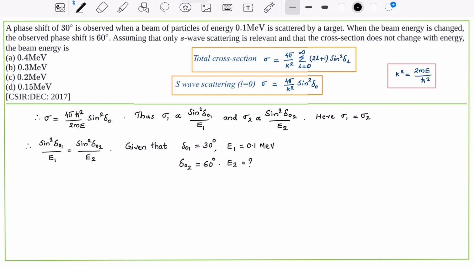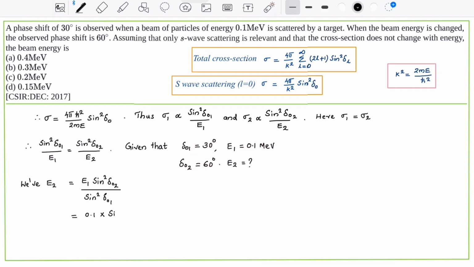We have to find out what is the corresponding beam energy. Let it be E2. Now we can say that E2 is equal to E1 sine square delta 02 by sine square delta 01. Here E1 is equal to 0.1 mega electron volt.